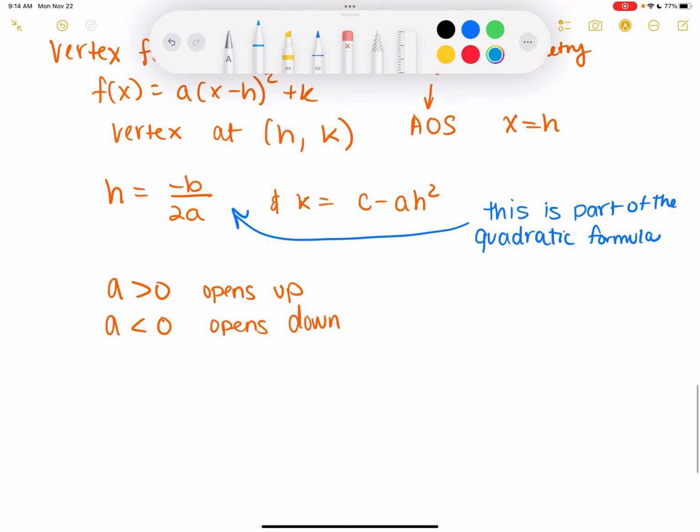Alright, vertical free fall motion. Okay, a little intro to physics here.